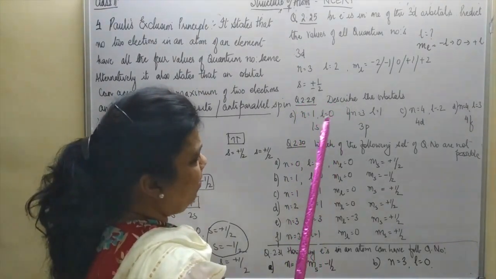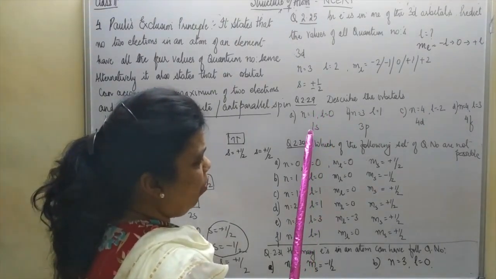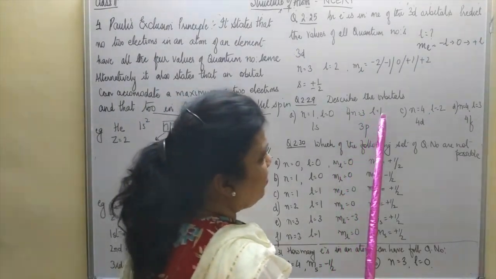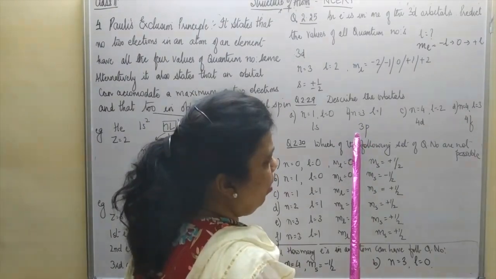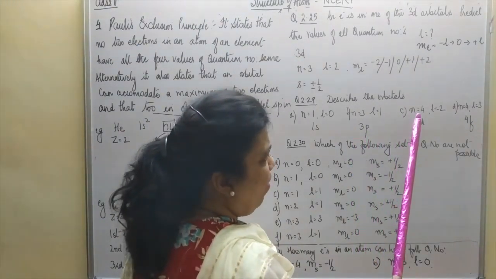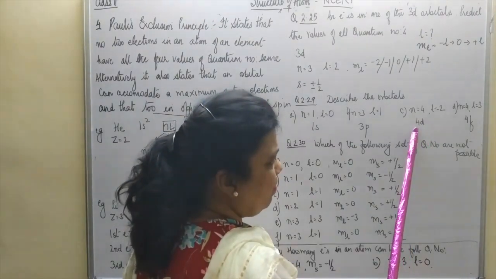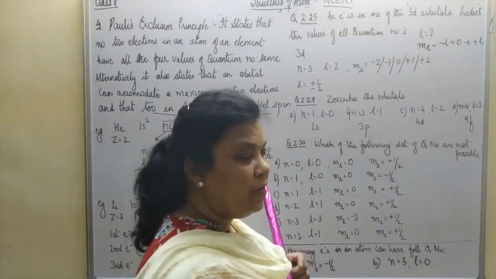Now, let us see question 2.29, describe the orbitals. n is 1, l is 0. That means we are talking of the 1s subshell. If n is 3, l is 1, we are talking of the 3p subshell. If n is 4, l is 2, we are talking of the 4d subshell. If n is 4, l is 3, we are talking of the 4f subshell.